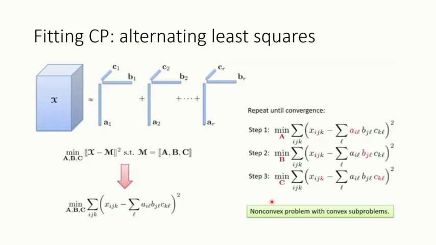The current algorithm people use most, I believe, for fitting CP is called alternating least squares. It will fix one dimension first.